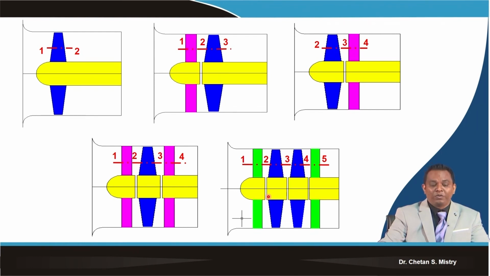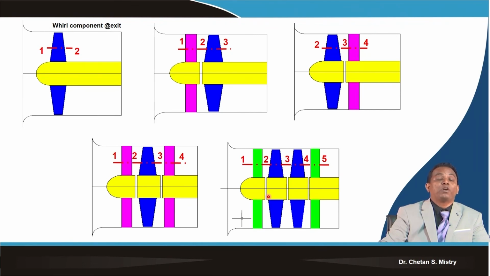Now, what we learned today is that the whirl component coming from my exit is what we are considering as one of the problems. But based on your application where you are using this fan, that is very important. Okay. So, you are not bothering about having high pressure ratio or high pressure rise. There you do not bother about this whirl component.